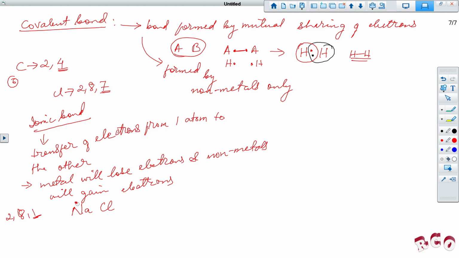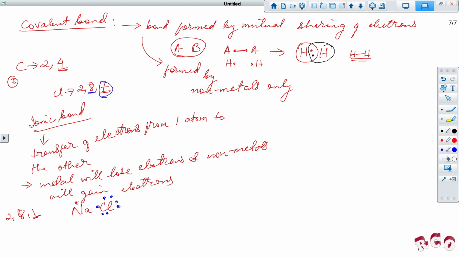So it will take the electron from sodium. Suppose here I am writing electrons with a different color: 1, 2, 3, 4, 5, 6, 7. Only the outermost orbit will participate in bond formation. These internal electrons will not take part in bond formation. Okay.